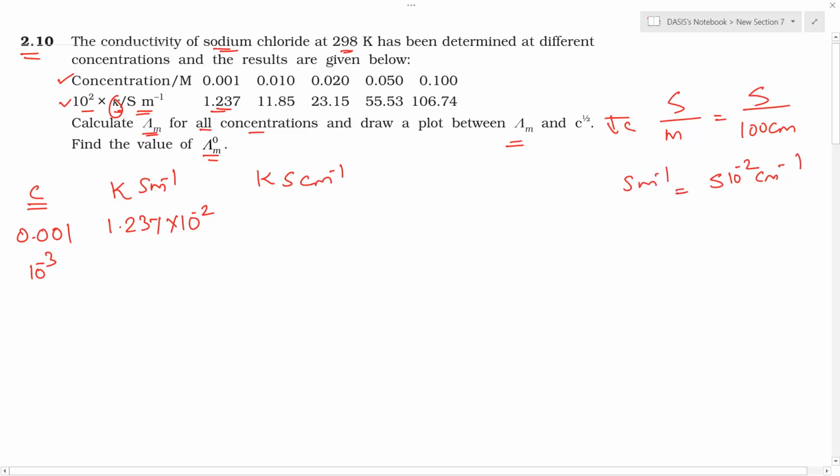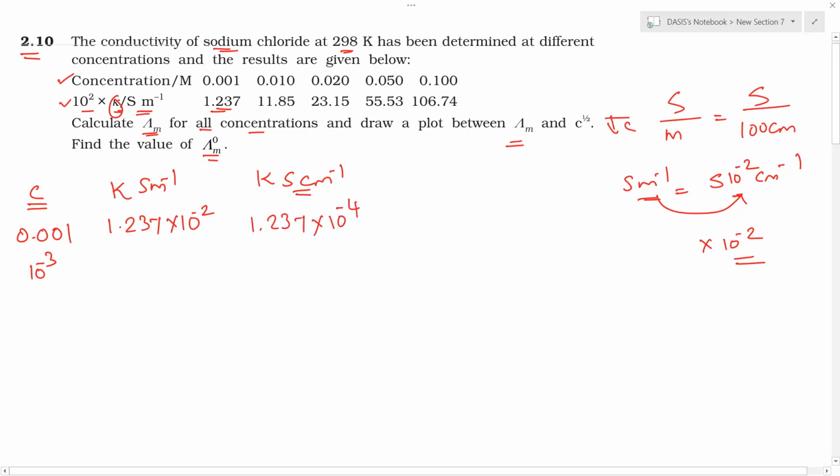Am I right? So to convert Siemens per meter into Siemens per centimeter, we have to multiply by 10 to the power of minus 2. Already we had multiplied by 10 to the power of minus 2 to get the real kappa value. Again, this value is to be multiplied by 10 to the power of minus 2 to convert into Siemens per centimeter. So this can be written as 1.237 into 10 to the power of minus 4 directly.